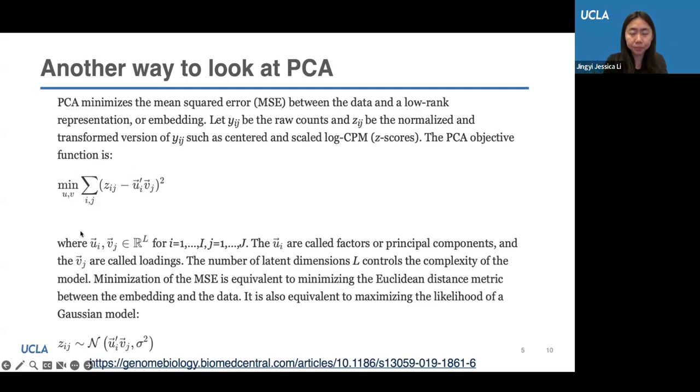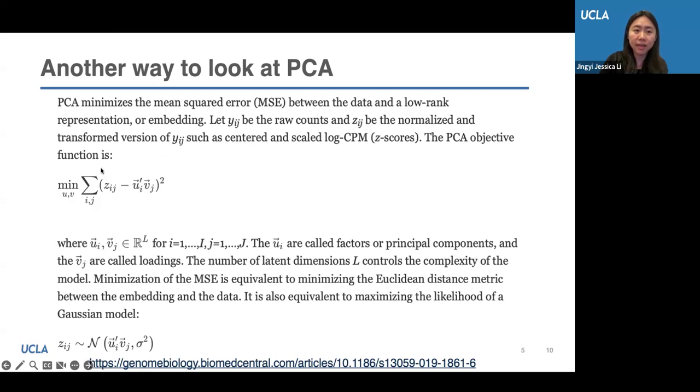So this perspective says that for PCA, we want to look at a low rank representation of our data. And hopefully from the low rank representation, we can have a good reconstruction of the original data. So what does this mean exactly? Yij is the raw count.